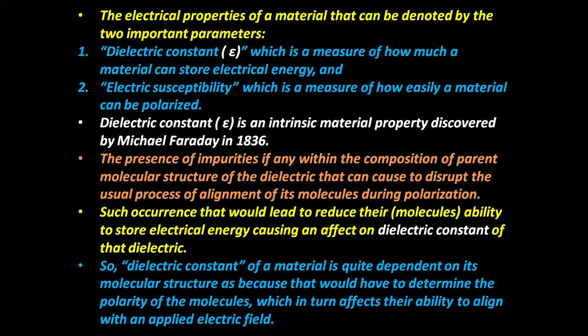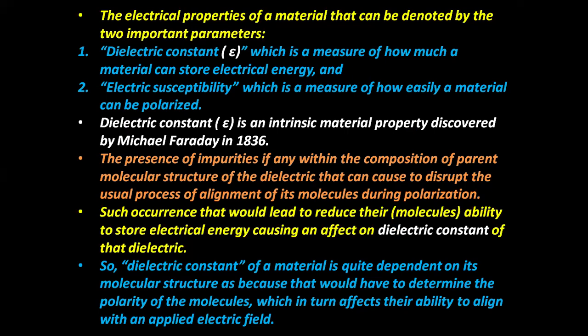The electrical properties of a material can be denoted by two important parameters. One is the dielectric constant, epsilon, which is a measure of how much a material can store electrical energy, and the other is electric susceptibility, which is a measure of how easily a material can be polarized.